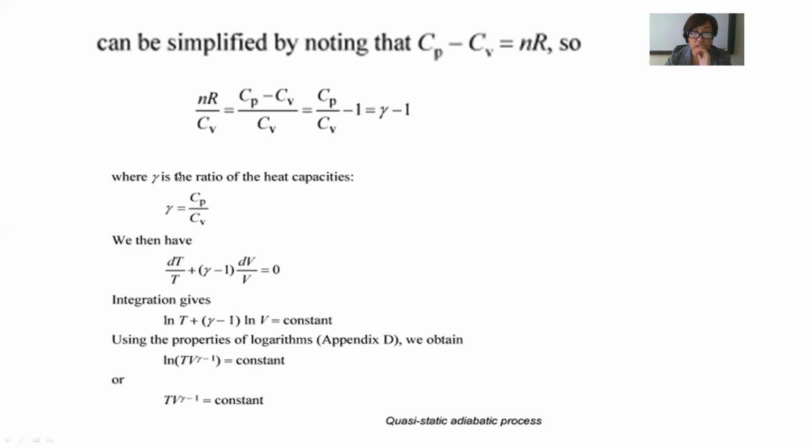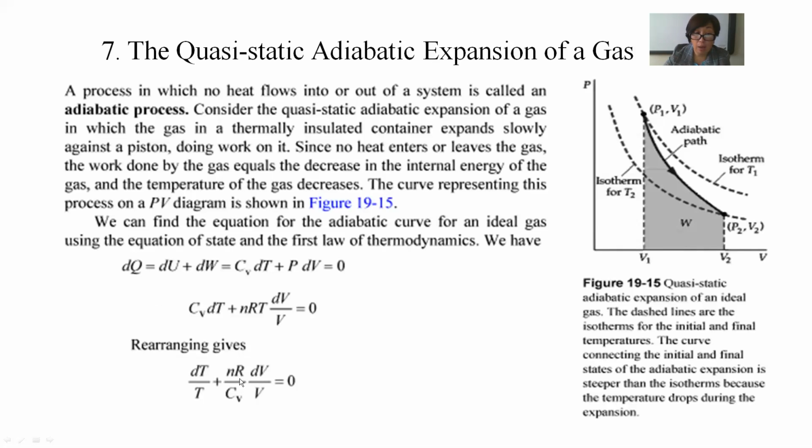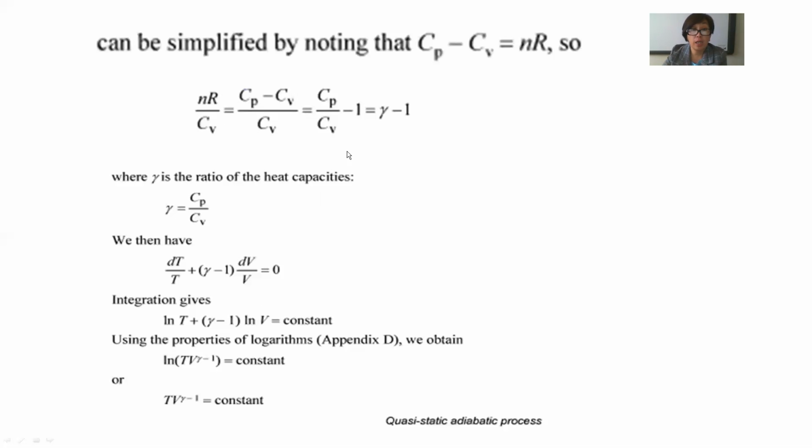We know that gamma is the ratio of the heat capacity at constant pressure divided by the heat capacity at constant volume. Cp minus Cv equals nR, so nR divided by Cv equals gamma minus 1. Replacing this, we have dT divided by T plus gamma minus 1 times dV divided by V equals 0.